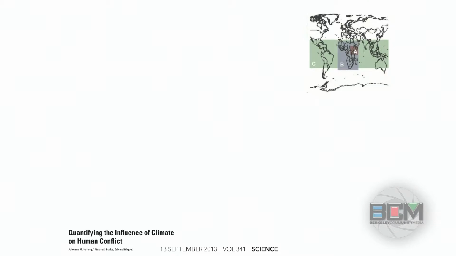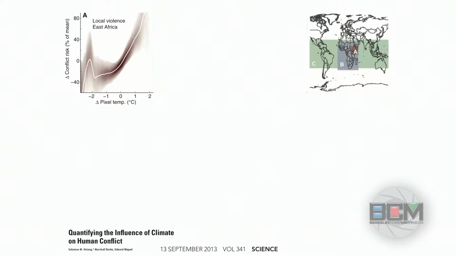And so he looked in this first data set at this region in Africa, the whole sub-Saharan Africa, and then the whole global tropics. So here, for example, is the increase in conflict in East Africa, right here, as a function of the temperature deviation from the mean.